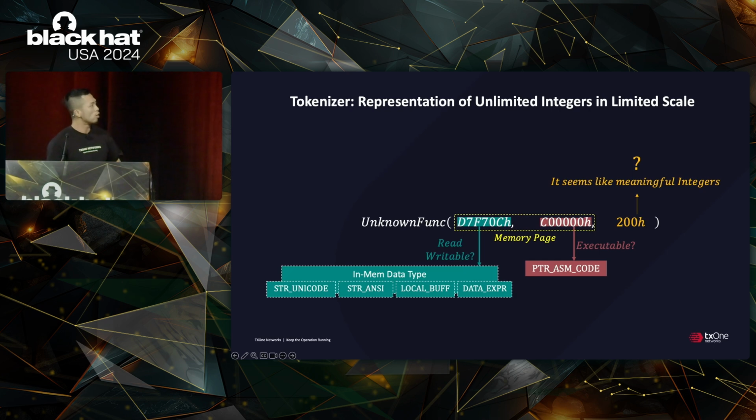You can also see another integer here is readable, writable, but non-executable. As a human expert, we might guess that it is a memory page holding some kind of data, so we can classify such an integer number into its own data type, for example Unicode string, ANSI string, or local buffer. We can simplify such a memory page into its own data type as a token ID.